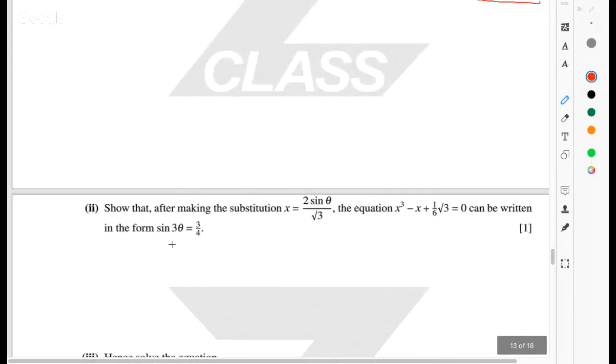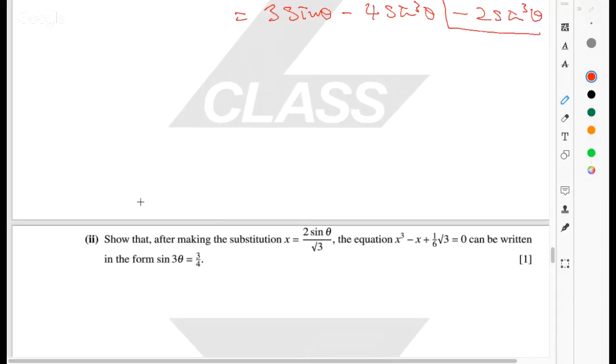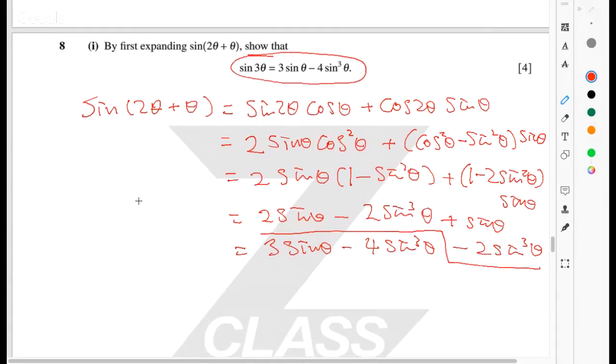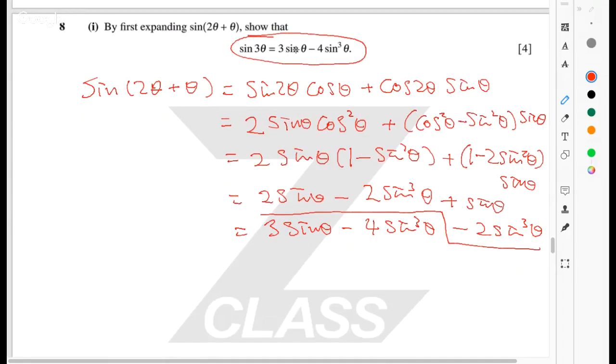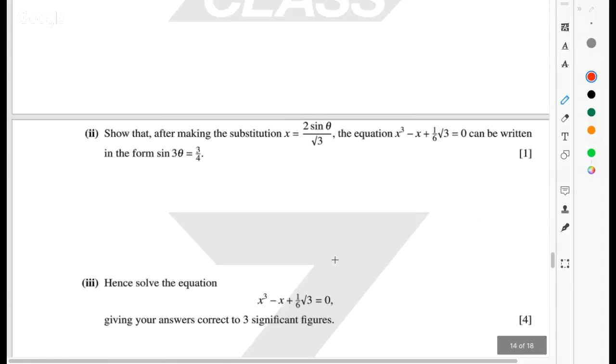And show that after making the substitution x is equal to 2 times theta over root 3, the equation x cubed minus x plus 1/6 root 3 equals 0 can be written in the form sine 3 theta equals 3 over 4. I think the question is clearly implying that the equation can be written in this form, and then we can use the identity we just proved to make it a much easier equation to solve.